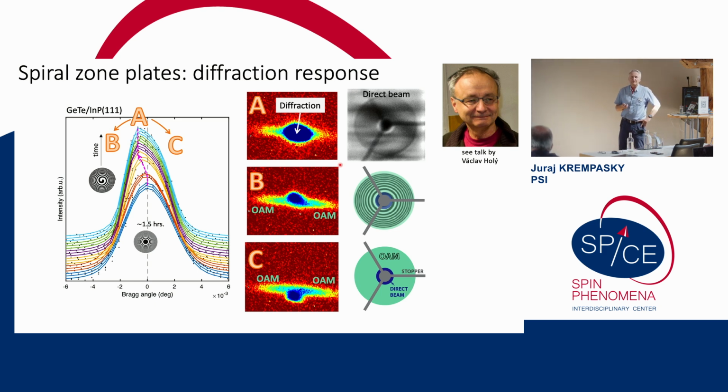And eventually we realized that, in order to make a meaningful diffraction experiment, we have to leave a bit of space to the direct beam in order to get the standing waves in place, and then this experiment works.